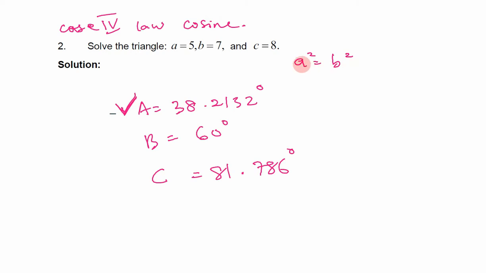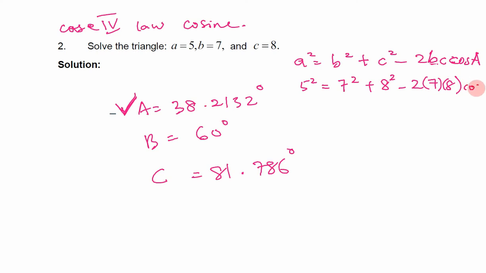A squared equals B squared plus C squared minus 2BC cos A. Substitute all: A is 5 squared, B is 7 squared, C is 8 squared minus 2 times 7 times 8 cos A. So cos A equals 5 squared minus 7 squared minus 8 squared, divided by 2 times 7 times 8.